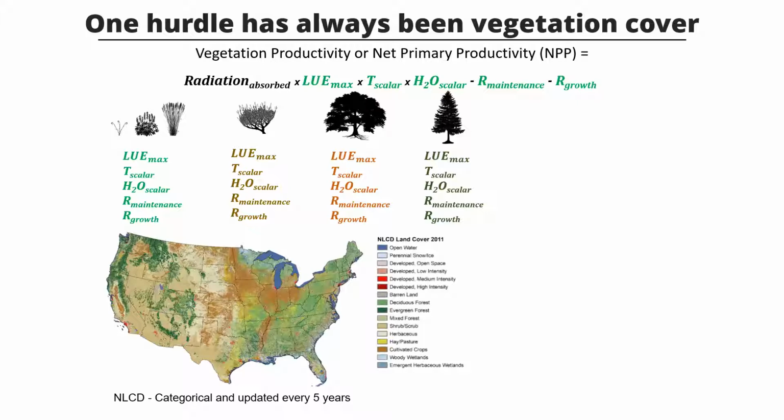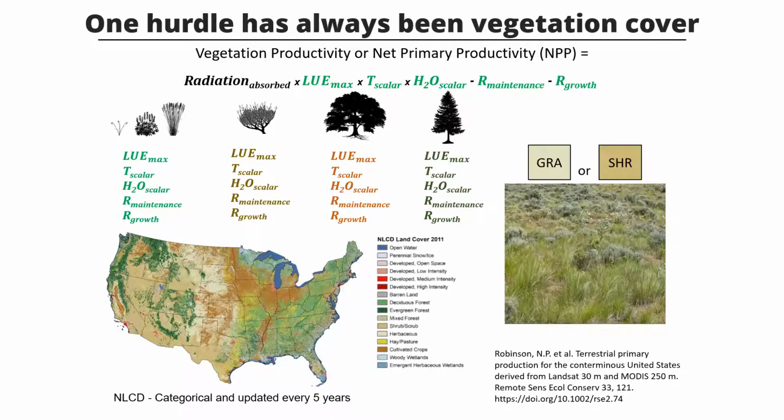And up until really this iteration that we're talking about here, to represent ecosystems, you had to use a categorical data set like NLCD, which is a great data set, but has limitations because you have to classify each location as one type of land cover. And so this image here shows a mixed vegetation type. So you can't really call it just a grassland or a shrubland.